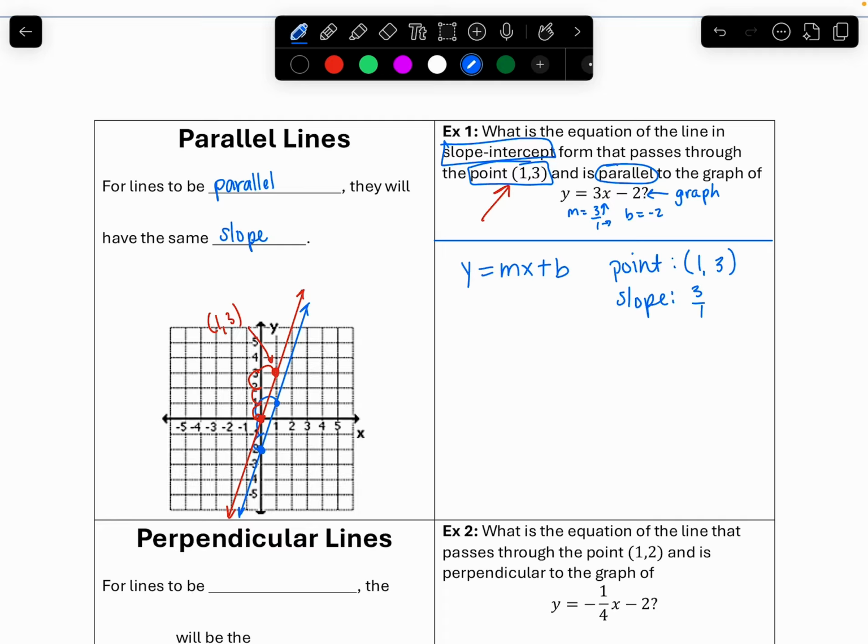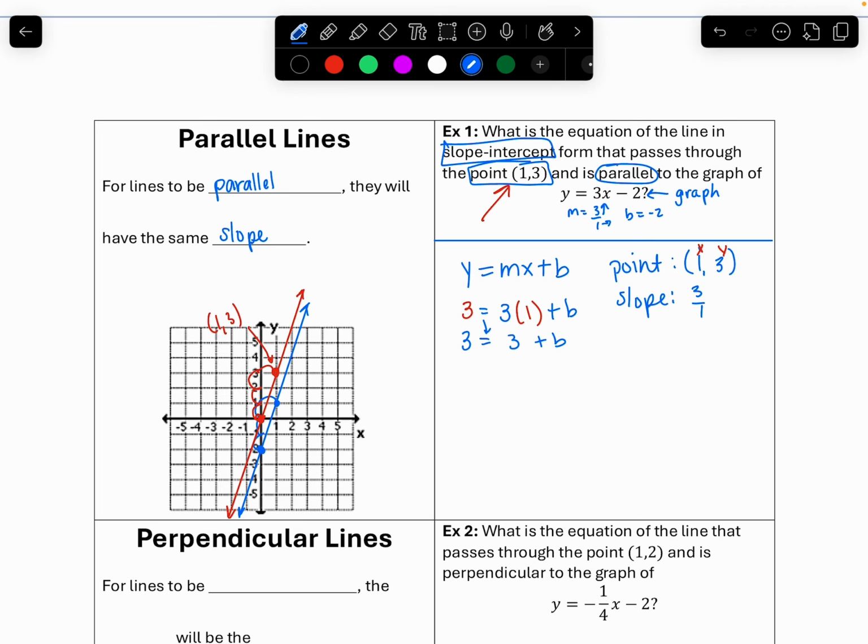So then all you do now is you have an x and you have a y. So let's plug it in. So 3 equals, your m is 3. Whenever we plug in something, please put parentheses, and then 1, plus b. And now we have to isolate b. We have here 3 equals 3 times 1, which is 3, plus b.